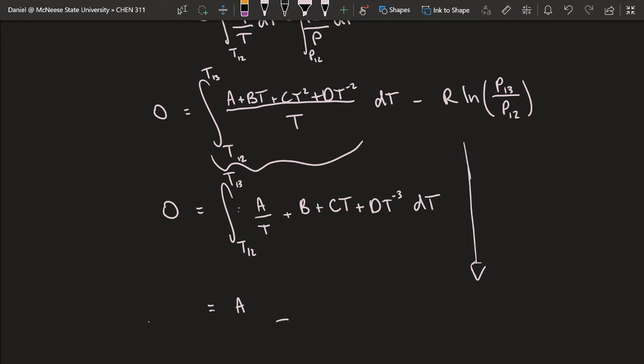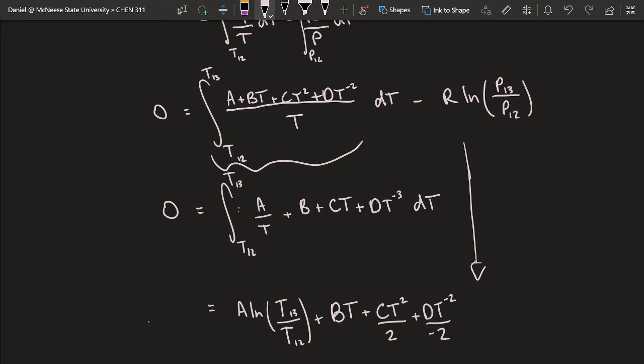It's the A times the natural log of T13 over T12 plus B times T plus CT squared over 2 plus DT to the negative 2 over negative 2. Correct me if I'm wrong. Pretty sure that's right.